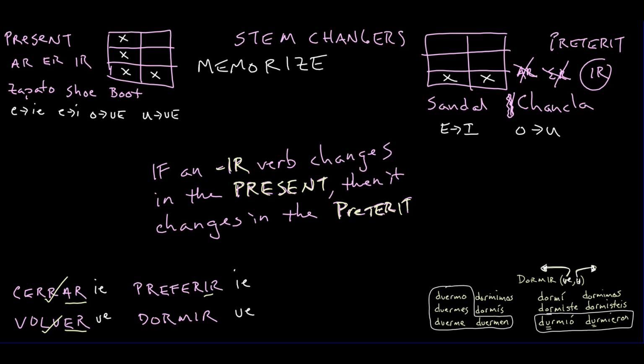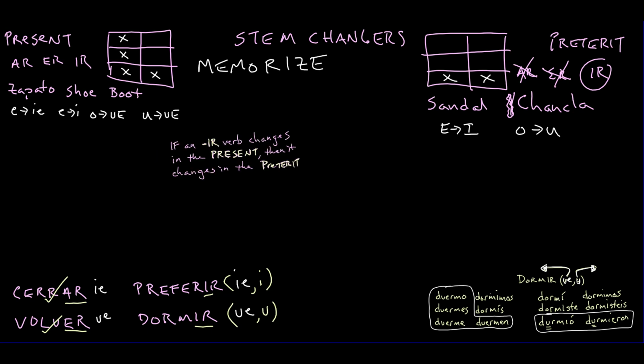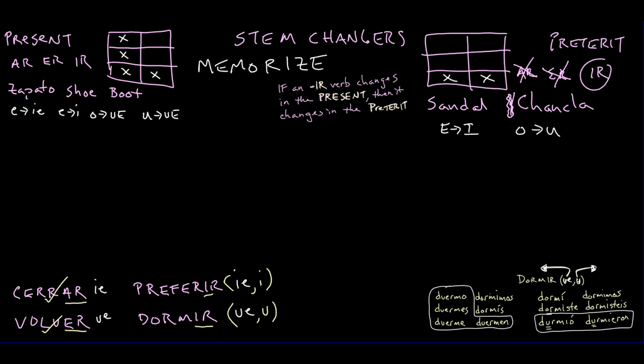Well, now we have preferir. In the present, that's an E to IE stem changer. And in the preterite, does it change? Yes. If you have an IR verb that changes in the present, it will then change in the preterite. Different boxes, different changes, but it happens. Let's write that one out.